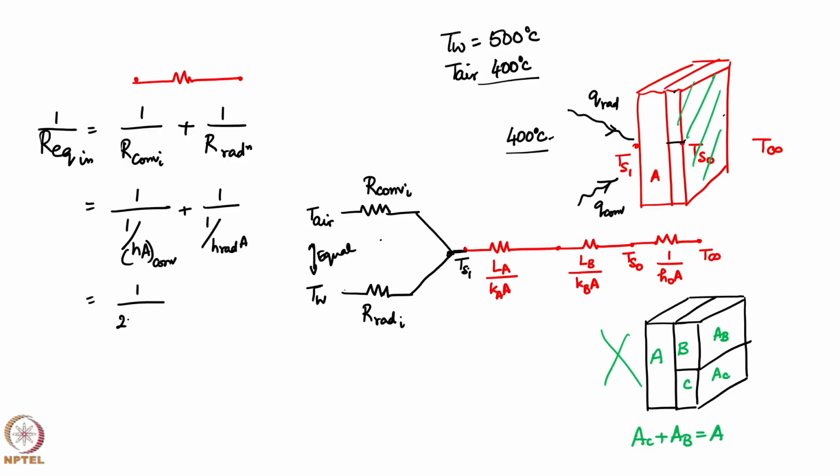So, 1 over, this is where we make a mistake. Instead of doing 1 over, there is a tendency to write it as 1 by 20, instead of 1 by 25, we will write it as 25. So, this is 25 into A plus 25 into A, which is 50 into A. Therefore, R equivalent inside is 1 by 50A.